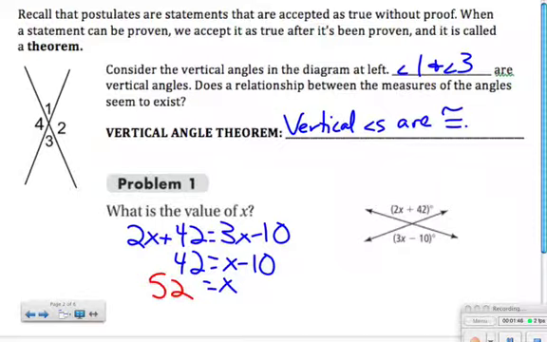Very quickly, I'm sure within your group you would have no trouble addressing the your turn problem 1 along the same lines.